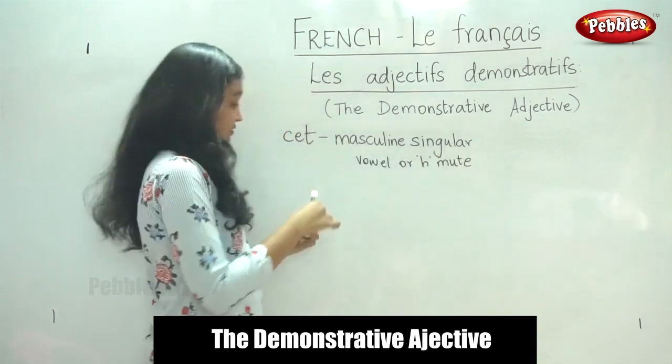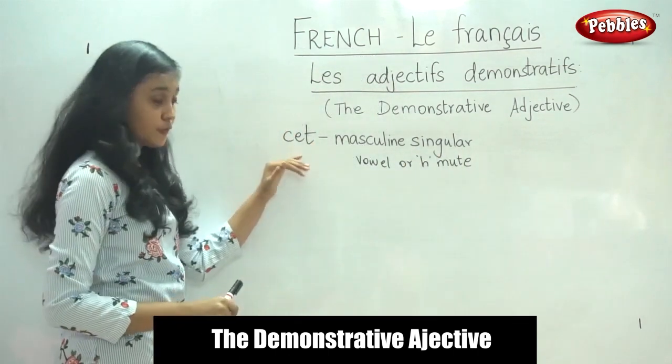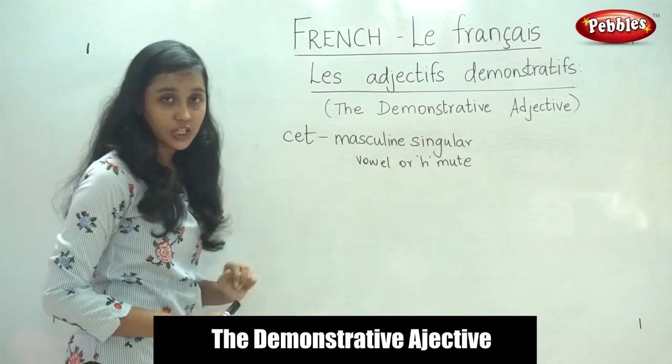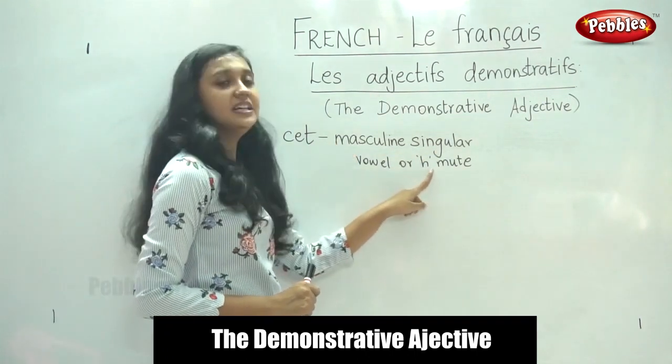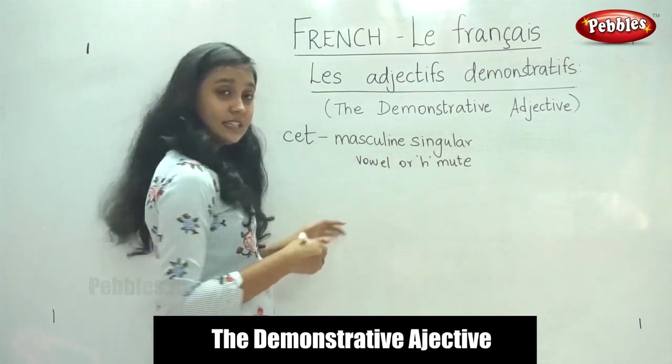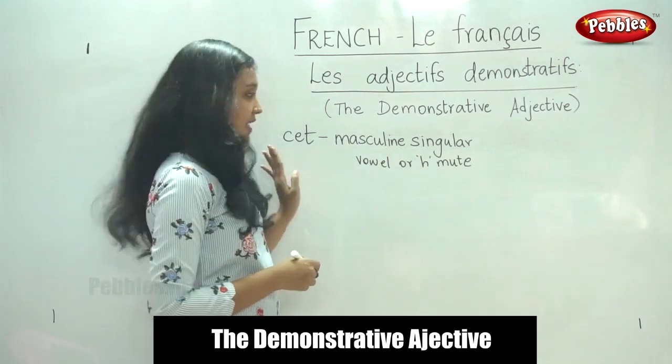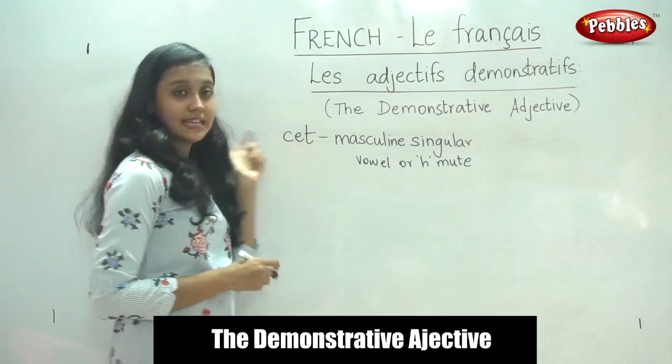So this word is also used before nouns that are masculine singular. However, the nouns should begin with a vowel or with an H mute. So normally we would use ce, but in this case we use cet.